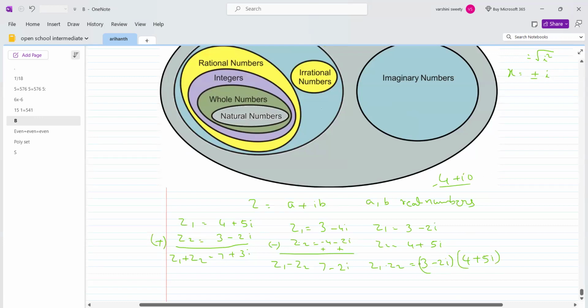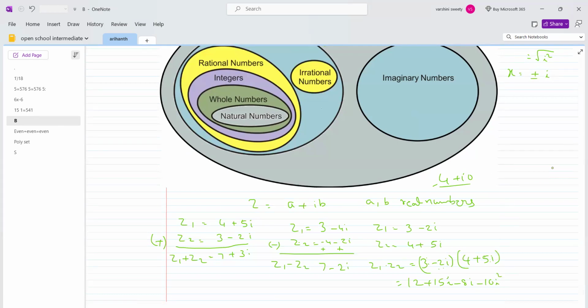Two complex numbers we are multiplying. So 3 into 4 is 12, 3 into 5i is 15i, minus 2i into 4 is minus 8i, minus 2i into 5i is minus 10i square.